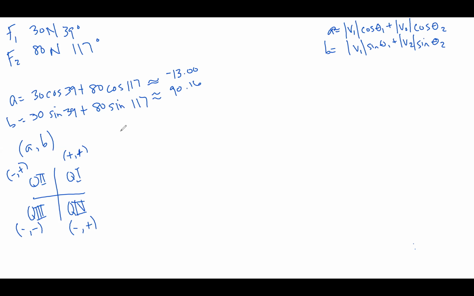Okay, so in quadrant 1, theta, which is the direction of our resultant vector, is just the tangent inverse of B over A. Now these are what we found over here: this is B, this is A. Quadrant 2 or 3 has the same thing, so theta is going to be tangent inverse of B over A plus 180.